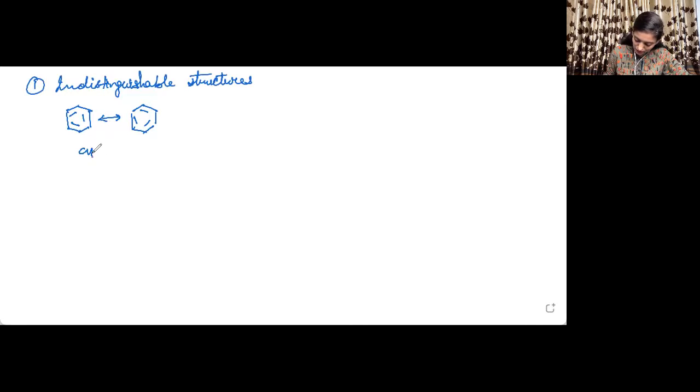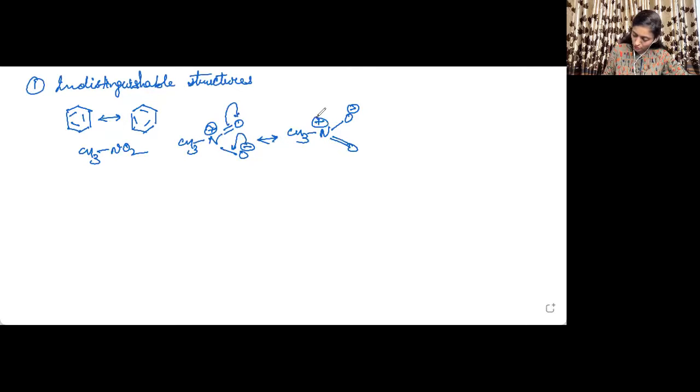Similarly, we can take the example of CH3NO2 again. CH3 and NO2. Now, if you write the resonating structures for this molecule, both are indistinguishable.